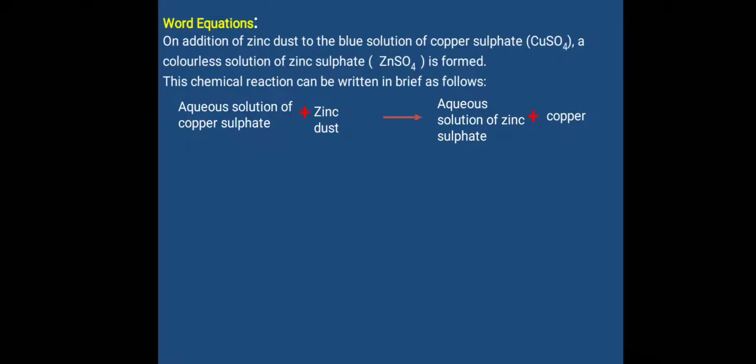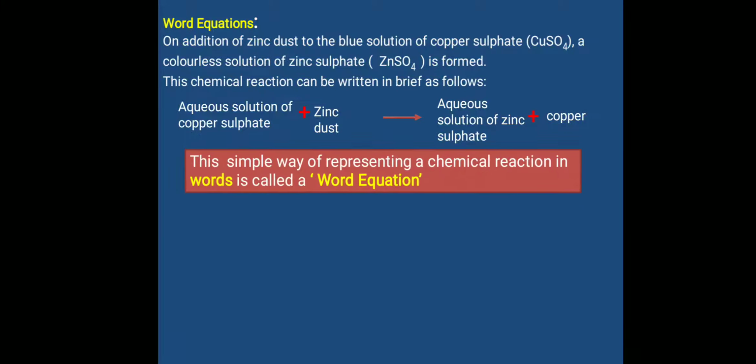So, from this we can define the word equation. The simple way of representing a chemical reaction in words is called a word equation. So here, in the form of words, we have written the chemical reaction.